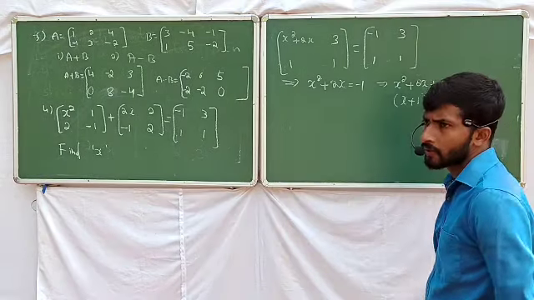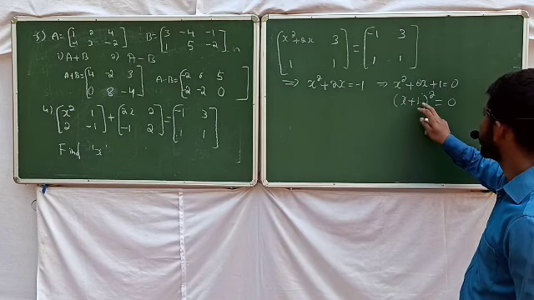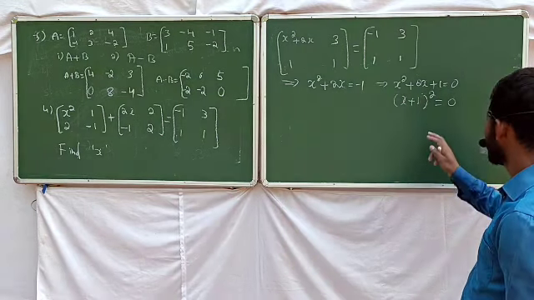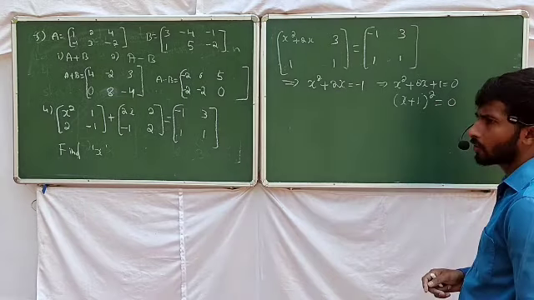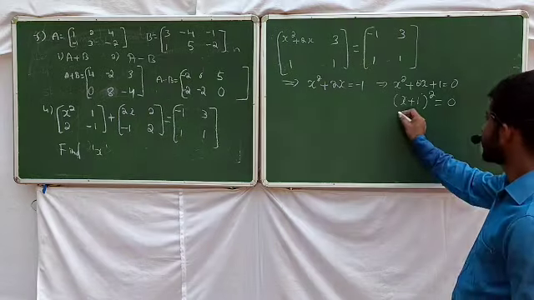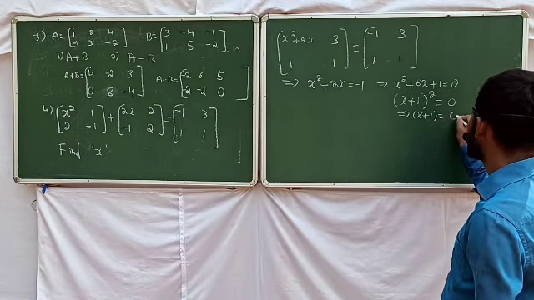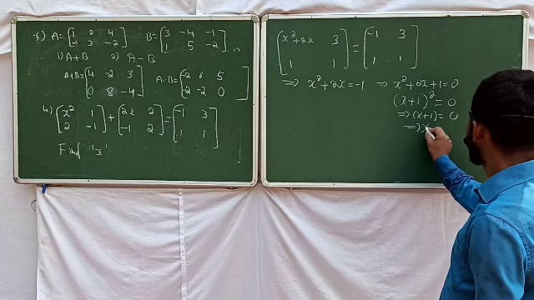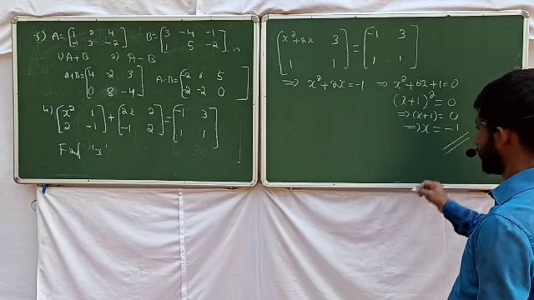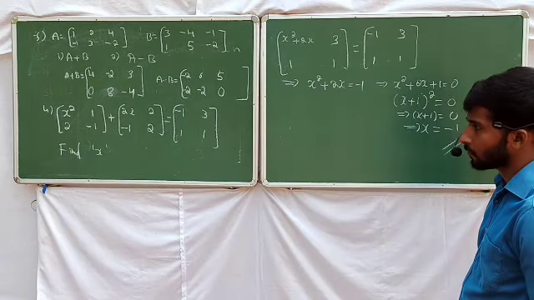A plus b whole square is a square plus 2ab plus b square, that is x square plus 2 into 1 into x, 2x, plus 1 square equal to 1. So it's an expansion of x plus 1 whole square equal to 0. This implies x plus 1 is equal to 0. It implies x value is equal to minus 1.